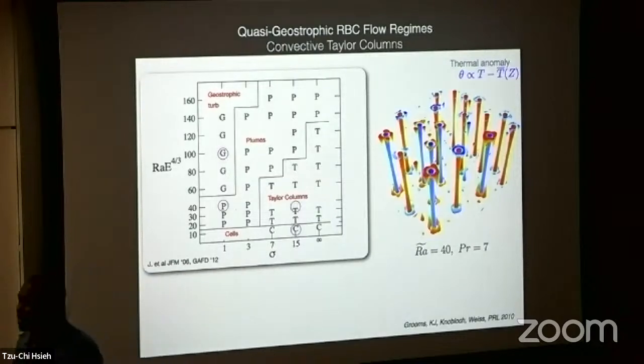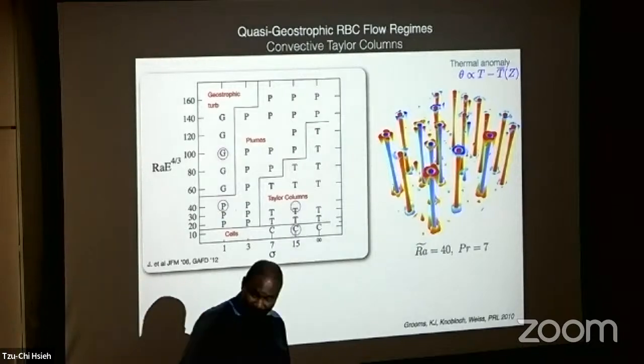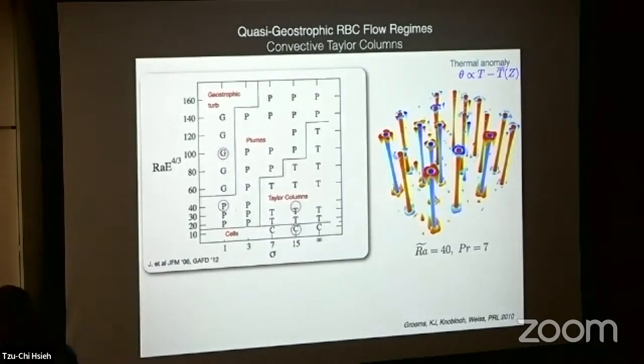So we get these convective Taylor columns, and how do these occur? These are columns of warm and cold anomaly. A warm anomaly is where fluid is being carried up, and a cold anomaly is where fluid is being carried down. We see this in all fields, the vertical velocity field and the vertical vorticity field.